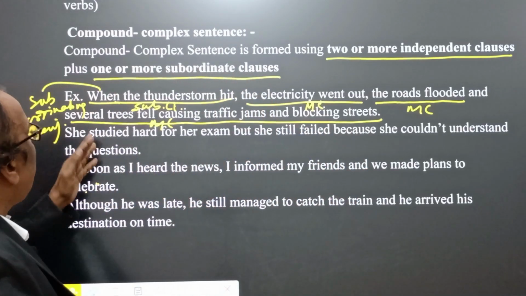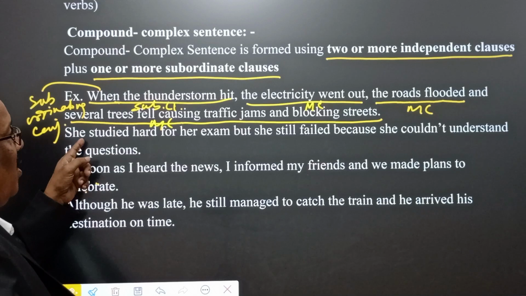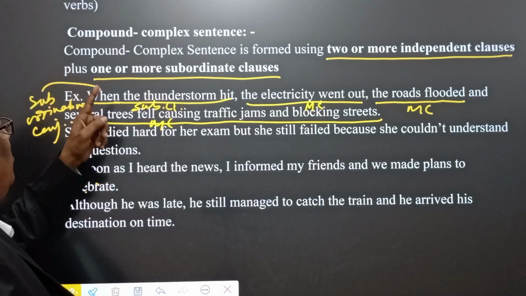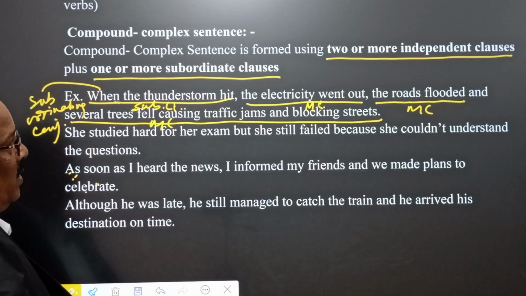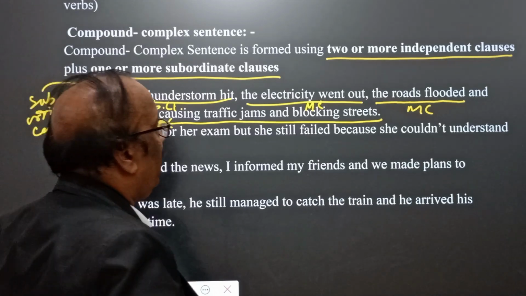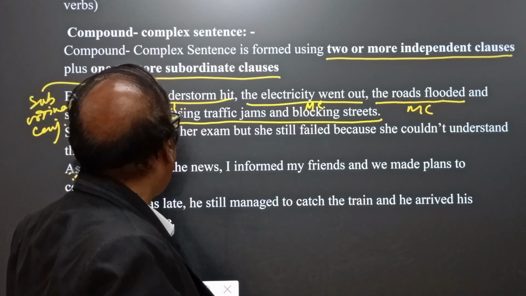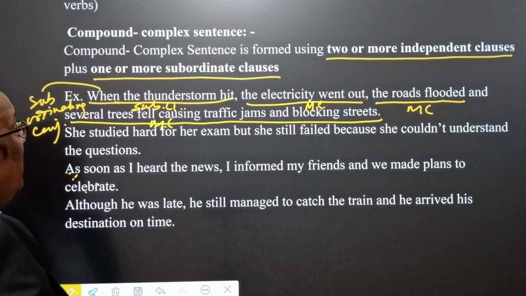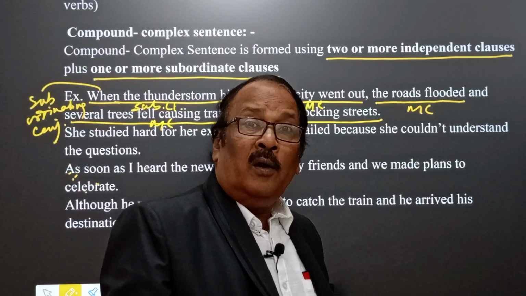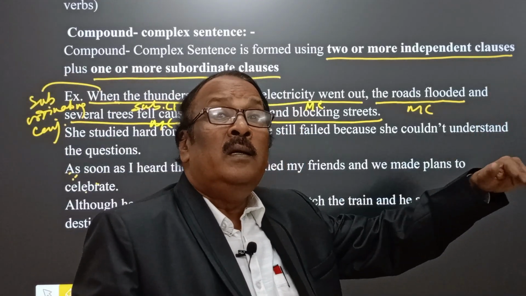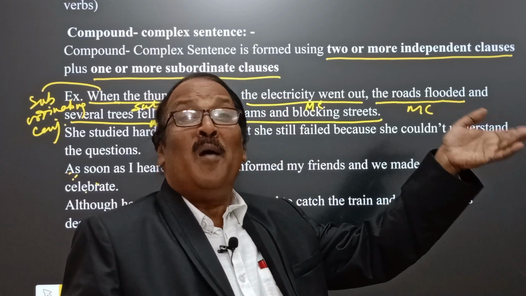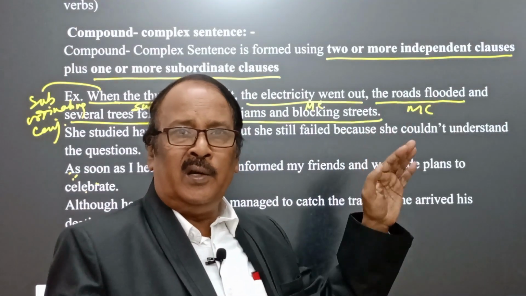Therefore, this is the example of what? That is a compound complex sentence. Three are independent, one is subordinate, and when the thunderstorm hit, all these incidents happened. This is a past incident. Understood?